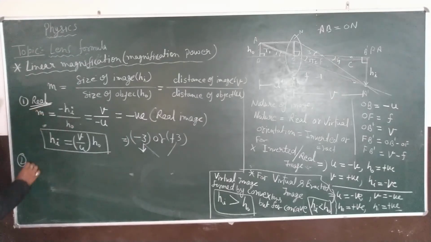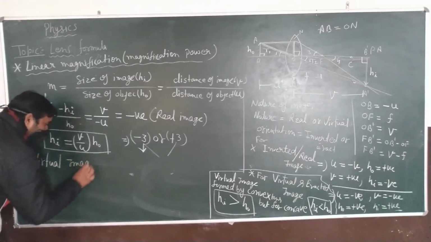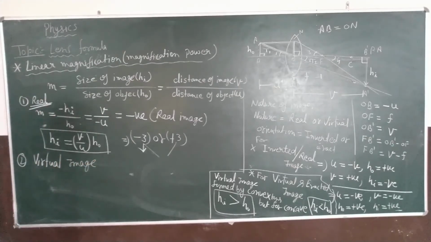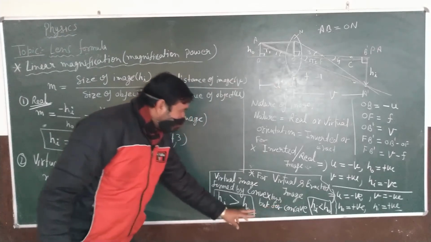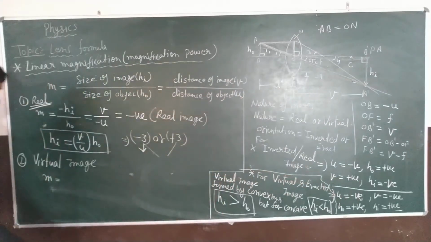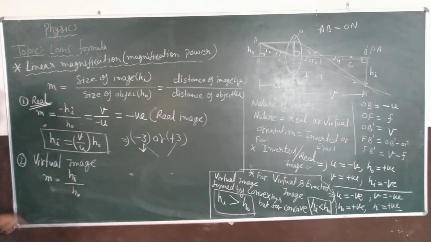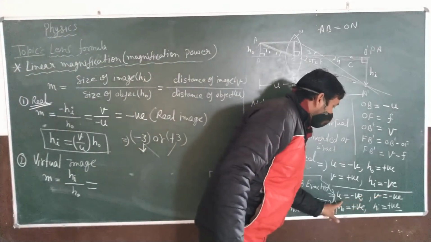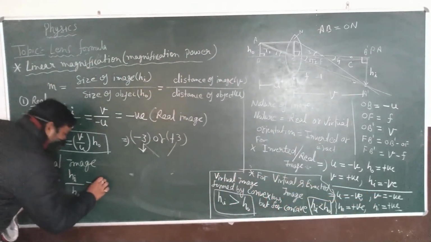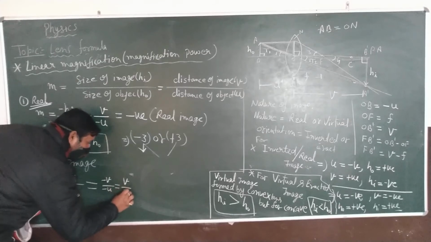Now, for a virtual image, whatever the kind of lens, this m is, in the virtual case, as we write here, the height of the image and object both positive. So hi upon ho is positive, and equal to the distances, both negative, that is minus v upon minus u, that we get v upon u.